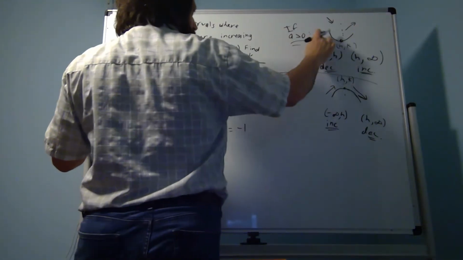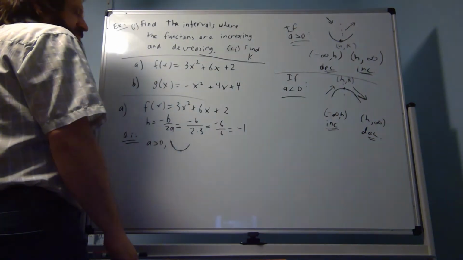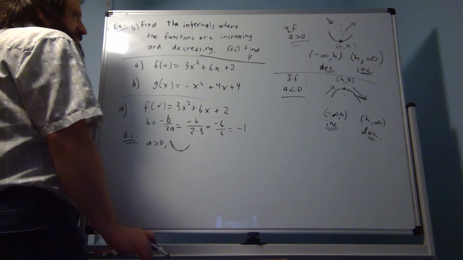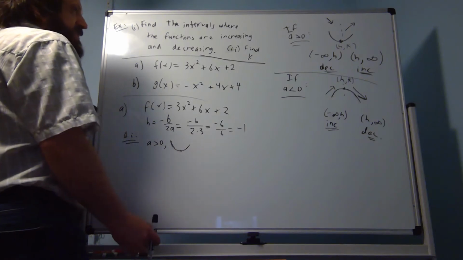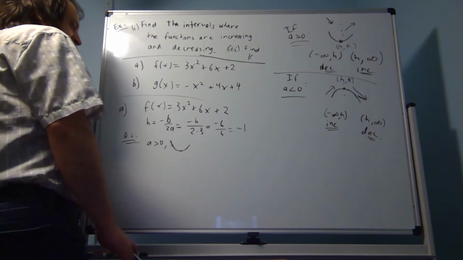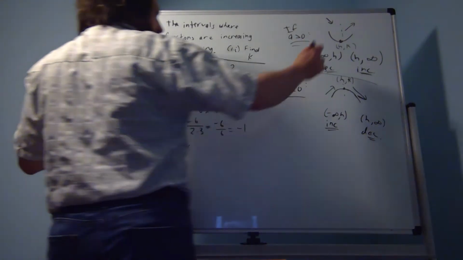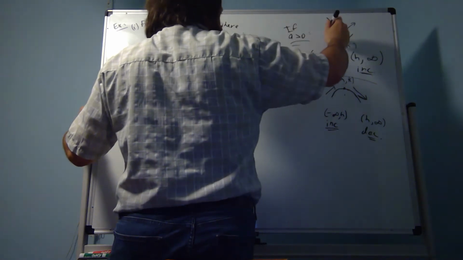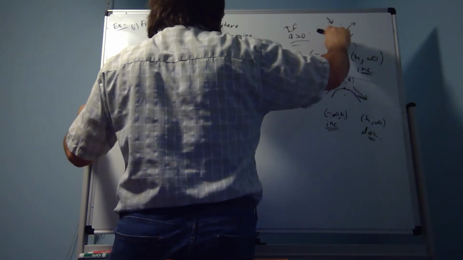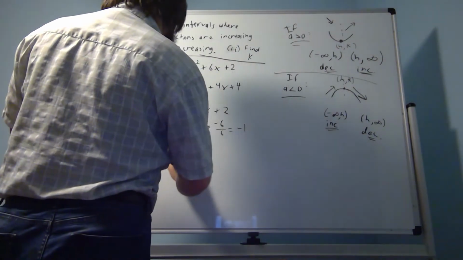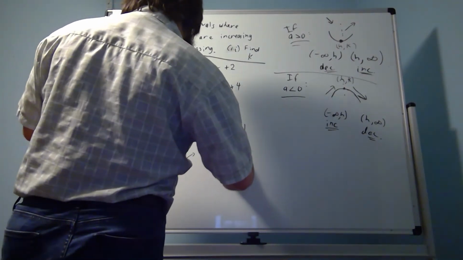If we've got a parabola that's opening upward, the behavior is always kind of the same. We have this vertex at h comma k. We don't even need to know what k is for this particular problem, which is nice. But we get to h. Well, if it's opening upwards, that means it's a smiley face, which means it's going down before you get to h, and then it's going up after you hit h. So it's going down, then it's going up.